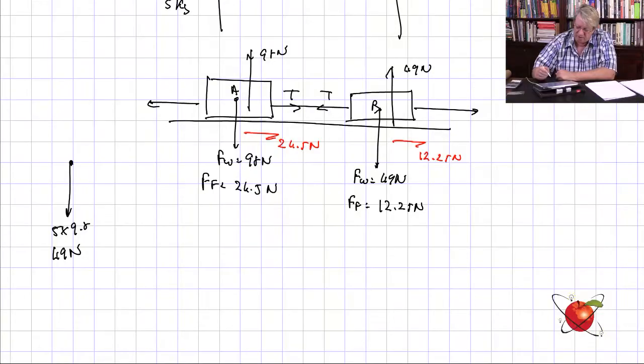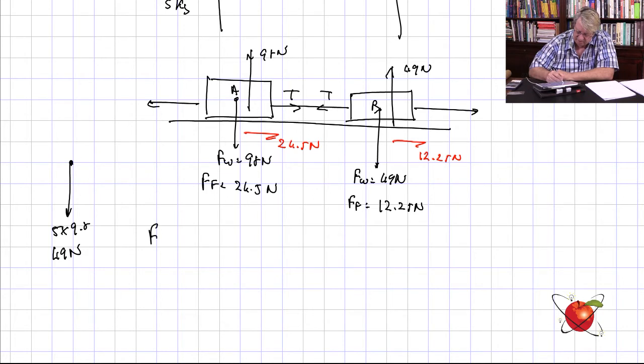And to keep it on the table means it must be in equilibrium, correct? If it's in equilibrium, the forces pulling it off the table must be equal to the forces keeping it on the table.